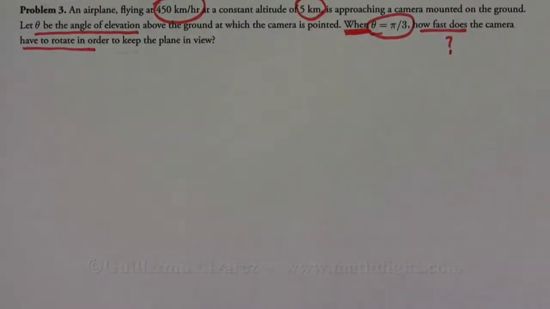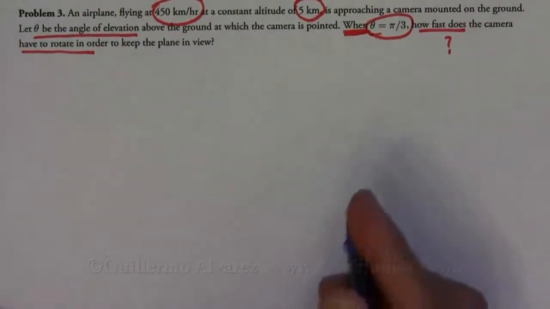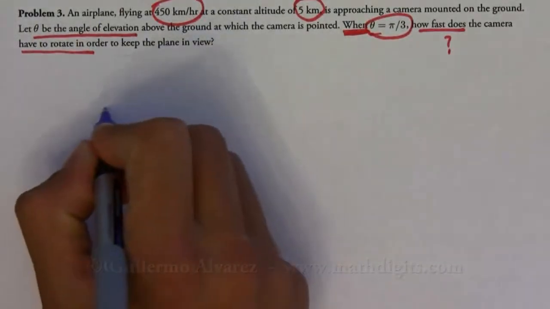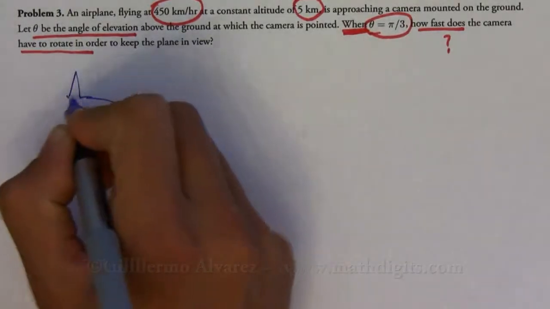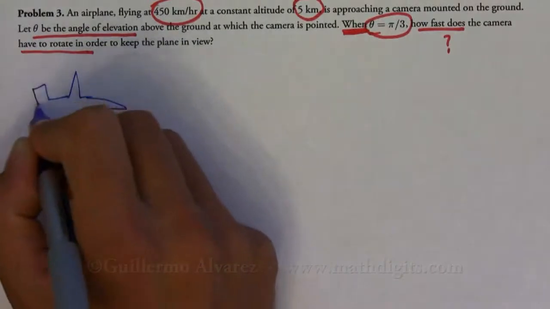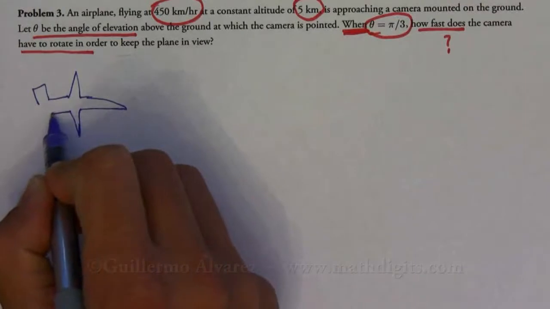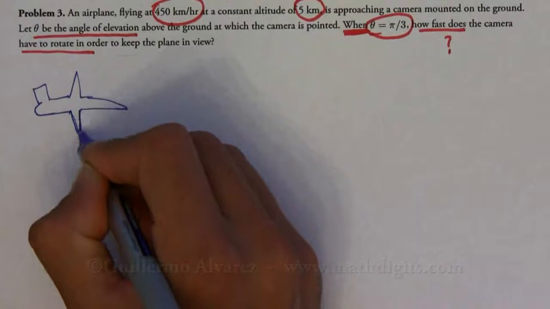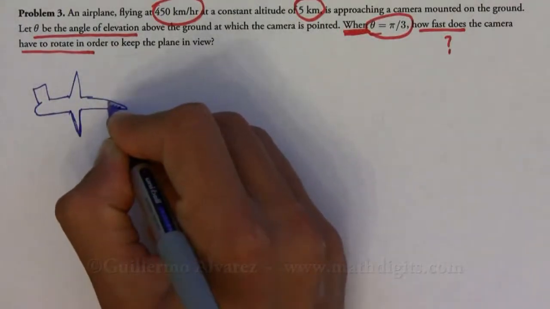Okay, so remember the very first thing we need to do is draw a picture, and I'll try to use my limited drawing ability. But let's say we have a little plane here. This is a shark plane. Has pointy arrows and shark teeth.